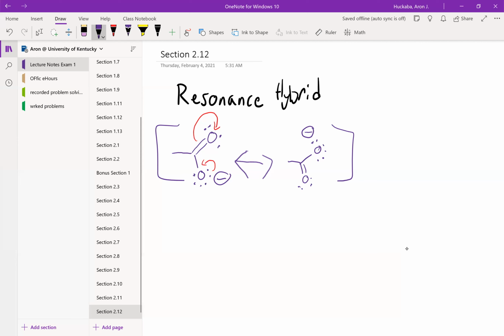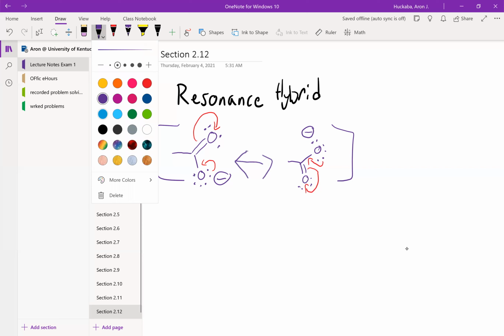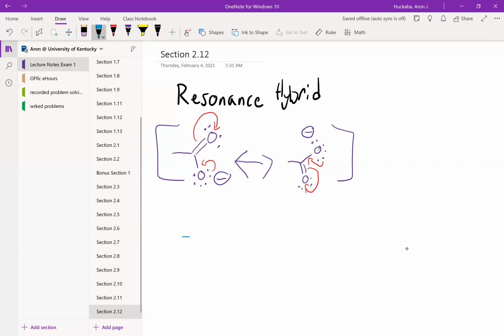So in bond line structures, we can draw the resonance hybrid, which is essentially just an amalgamation of these two. I'll draw the reverse arrows for this one first. And the resonance hybrid for this would look something like this.